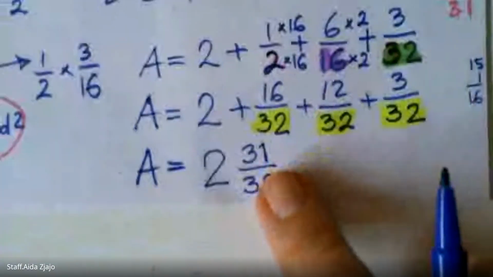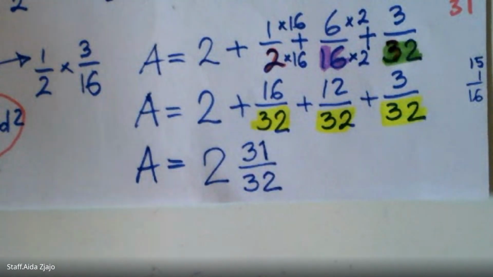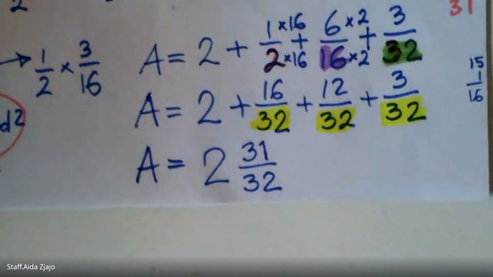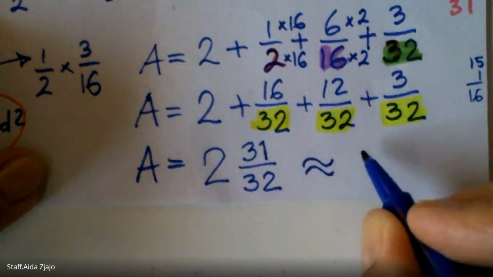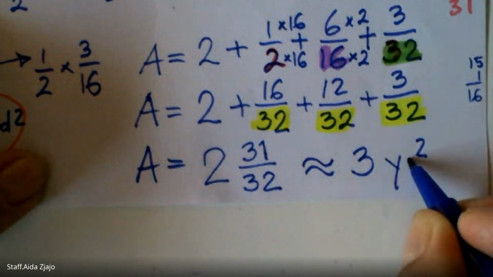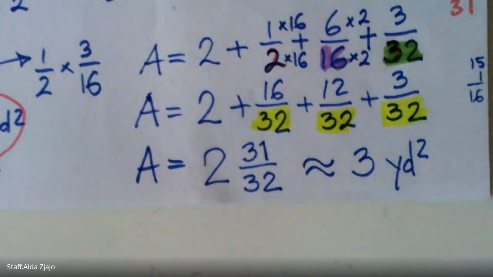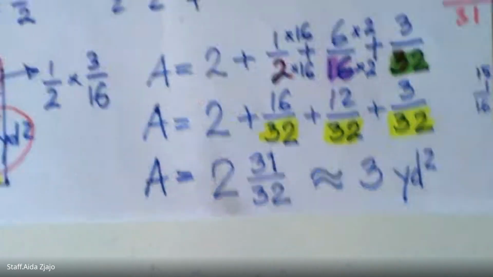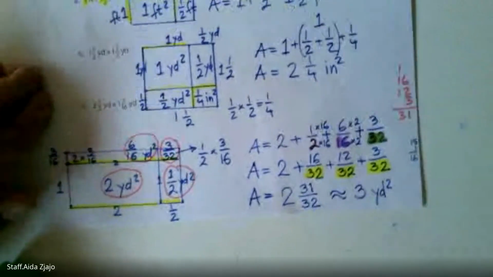So if I round this to the nearest whole square yard, it is about 3 square yards, because it's missing only 1/32 and I would have a new whole square. So that was number 2.